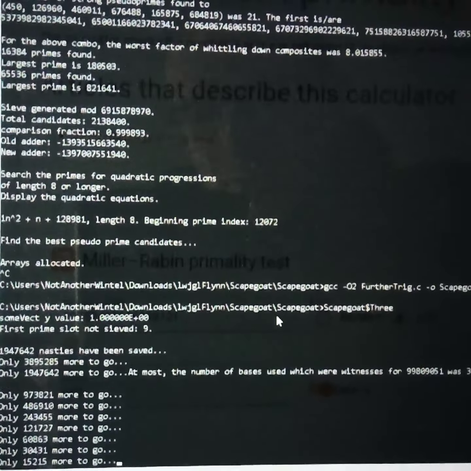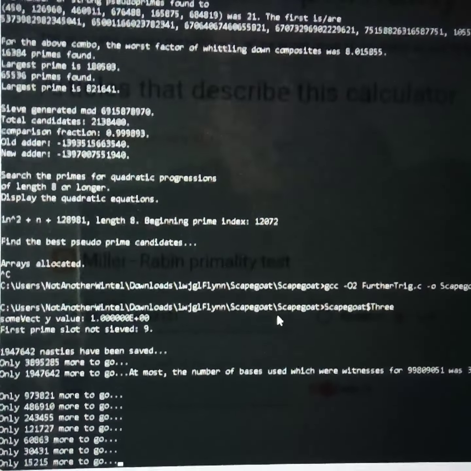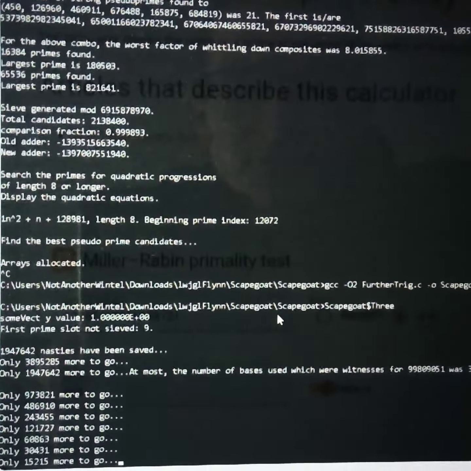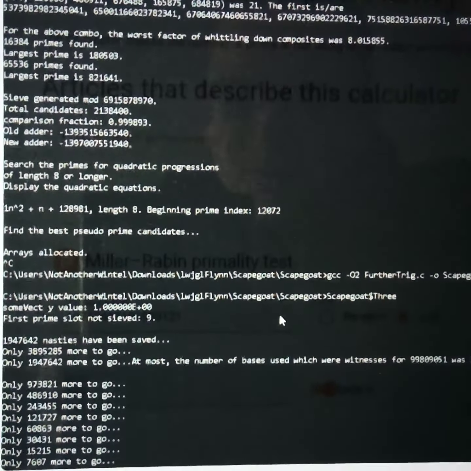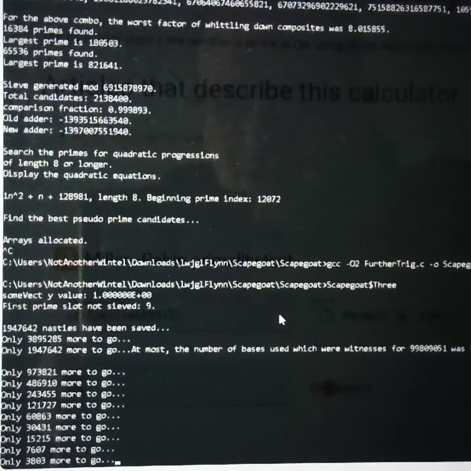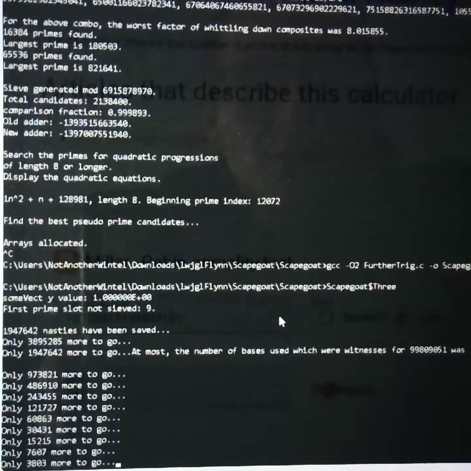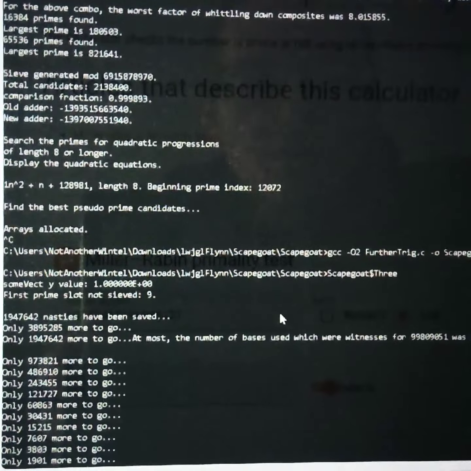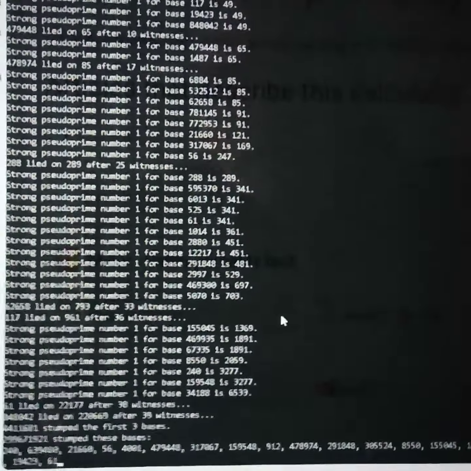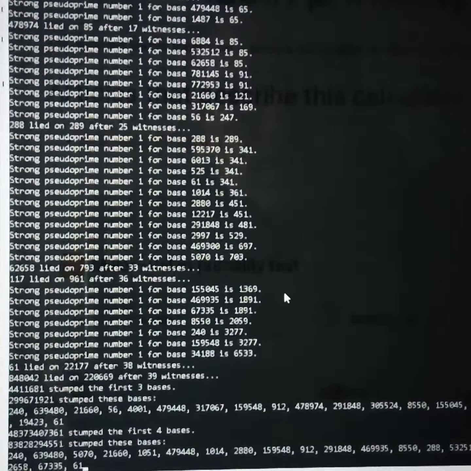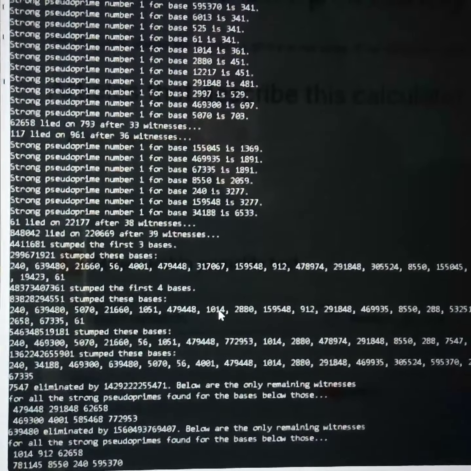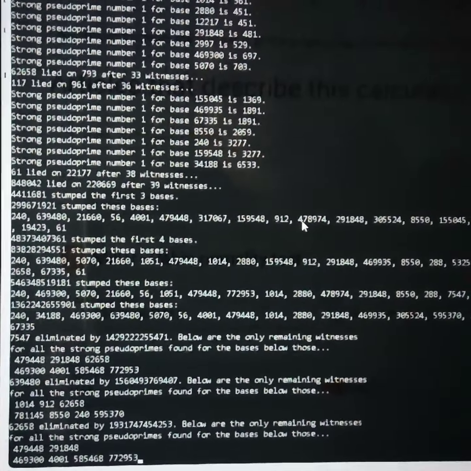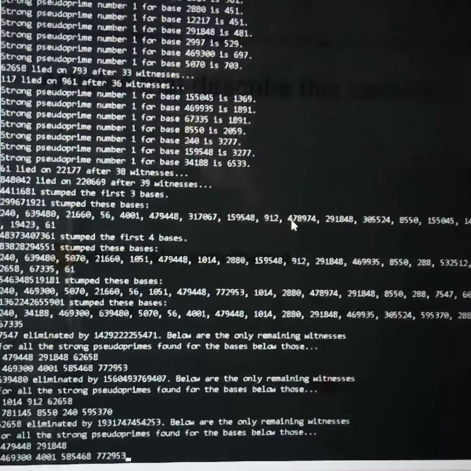And then the next one will be 7.6 thousand something. 3803 next, yeah. And boom. And actually for base 240, we know that the first number that fools base 240 is not 3,277, but this will work well enough for these purposes.